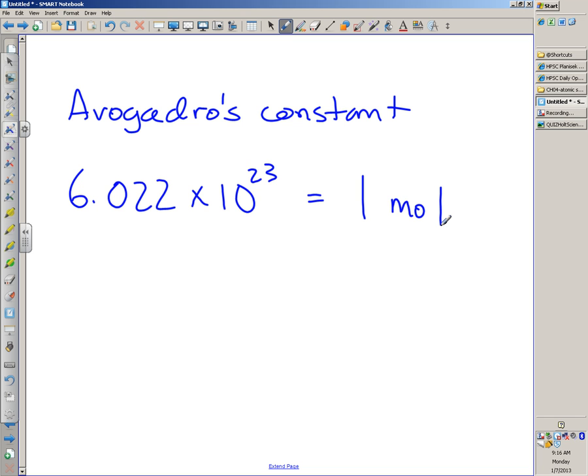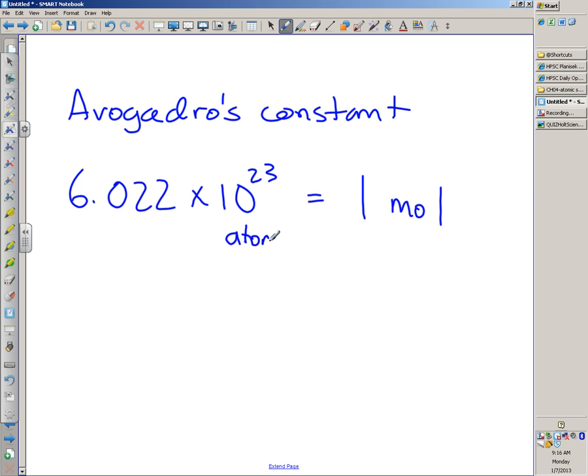Could we use it to count semi-trucks? You could, right? It's a lot of semi-trucks though. So is this number useful for counting large objects? No. It's useful for counting small things because, what do we usually use it to count? Atoms, right?